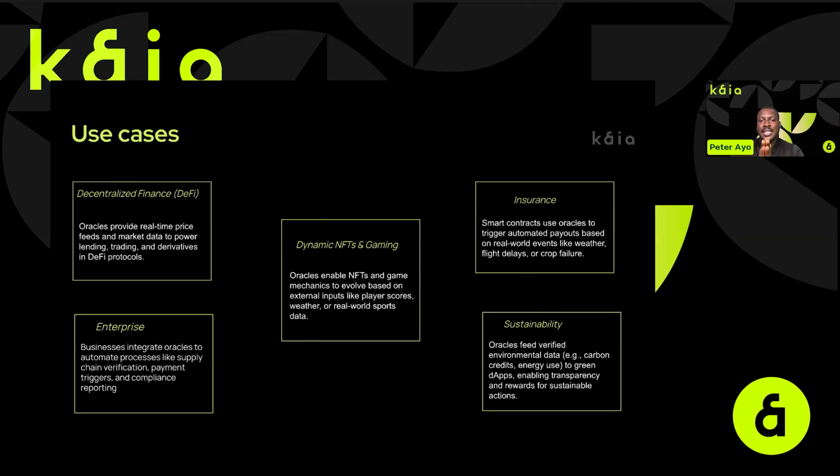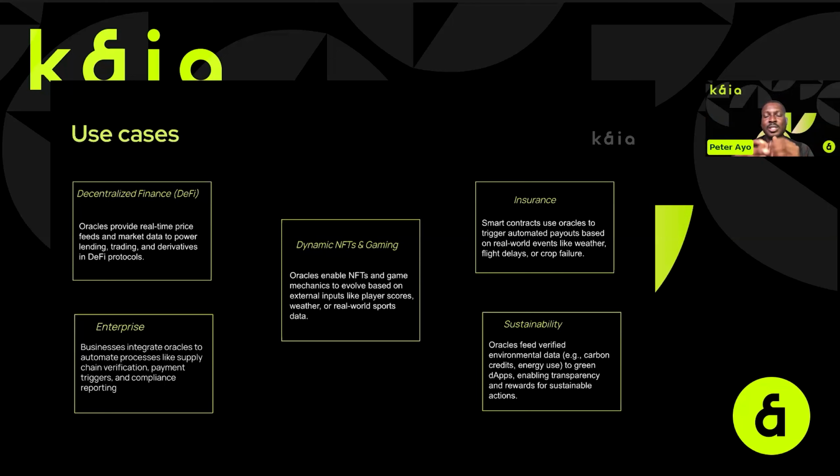The next one is dynamic NFTs and gaming. There are quite a number of scenarios where we want to build an NFT that evolves based on a real world scenario. Take, for instance, based on a player score, or based on weather, or based on real world sports data.